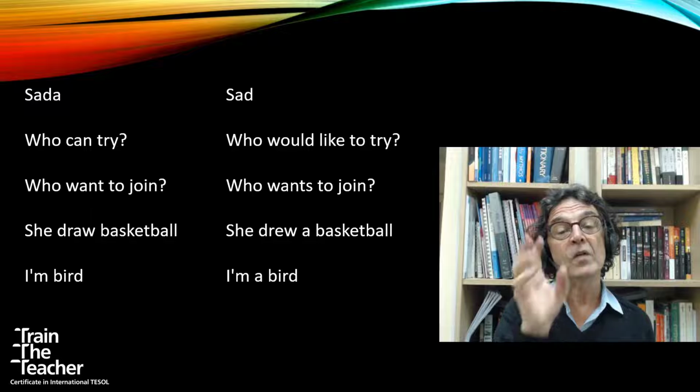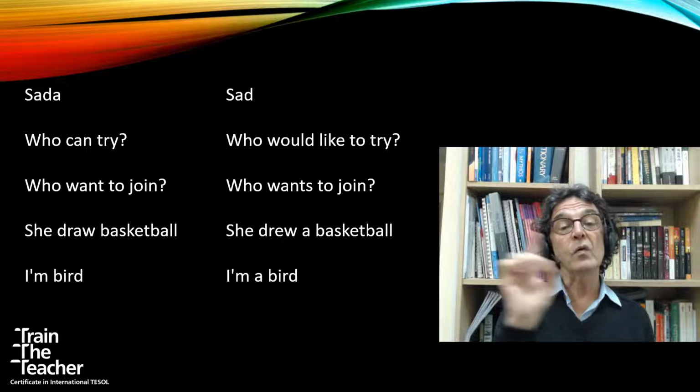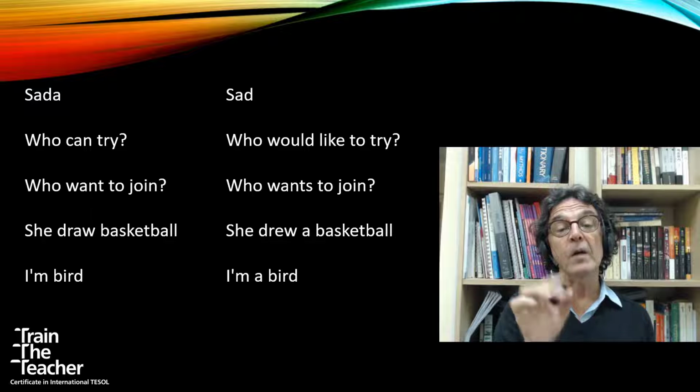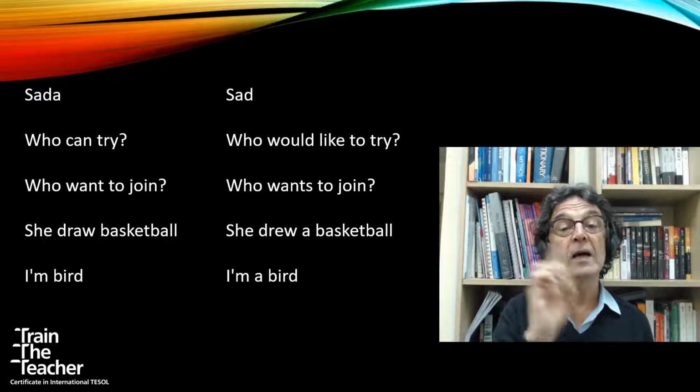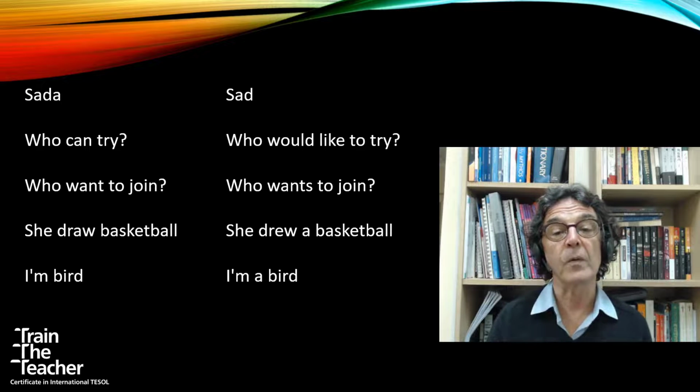So when we say who want to join, in English we say who wants to join, even though you're thinking that it could be anyone in a big group. So that who will be grammatically singular, not plural, even though the idea might sound plural.